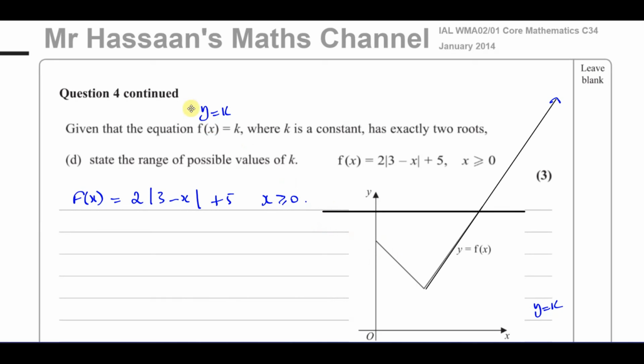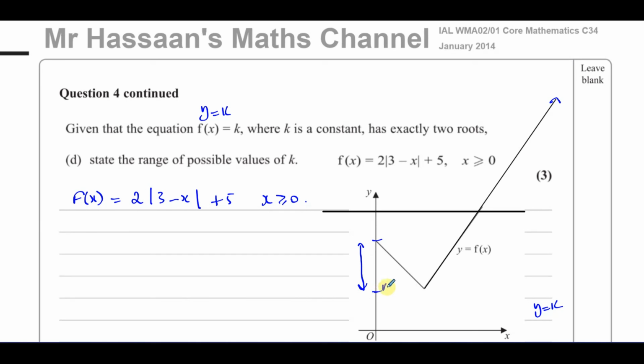It doesn't carry on. If this branch of the graph also carried on, then it would be from the vertex upwards that we'd have two real roots. But because this branch stops at this point over here, the two distinct roots stop here as well. So the distinct roots are going to be between these 2 points here.